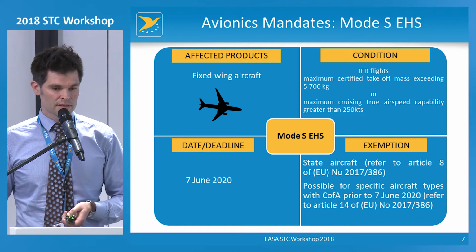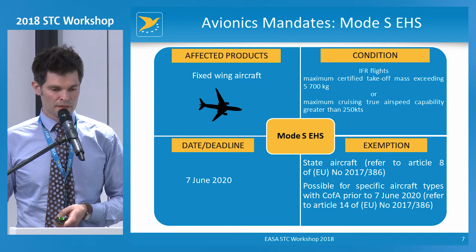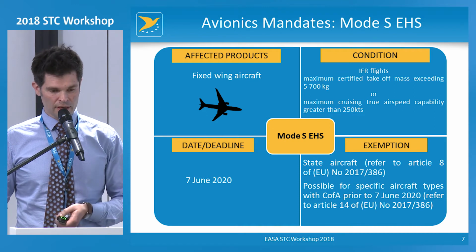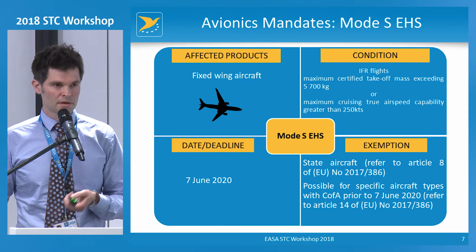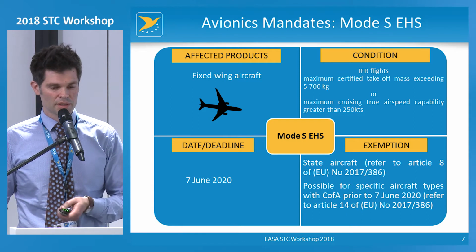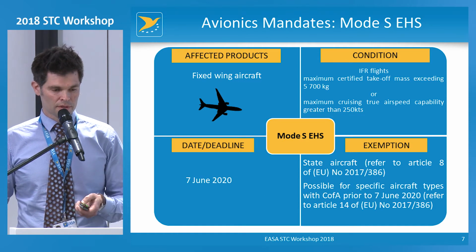The deadline is again the same. This is 7th June 2020. And you have exemption for state aircraft. And you also have exemption for specific aircraft types with a CofA prior to 7th of June 2020. Again, please refer to the article.